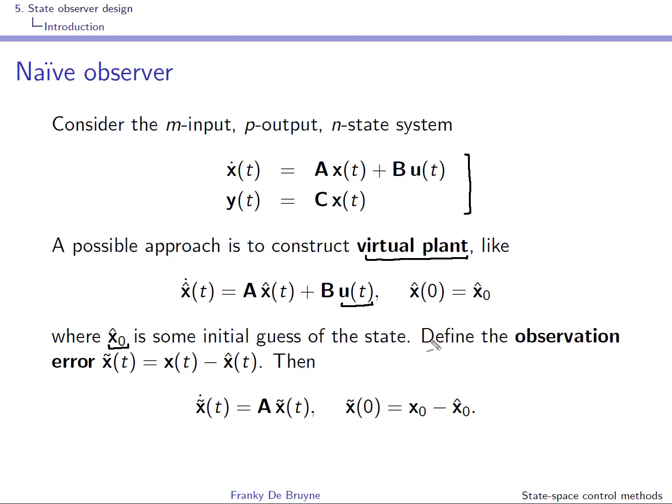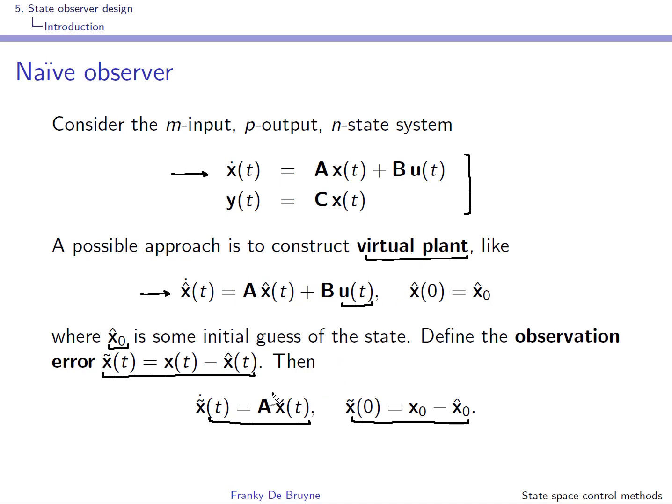Well, we can then look at the error, okay, that's the difference between the actual state x and the estimated state x hat. So we take the difference between this equation and this equation, and this is what we obtain. Remember, x tilde is the actual state minus x hat. Of course, this observation error is initialized in x0, the initial condition on the state, minus x0 hat, the initial condition of the virtual plant.